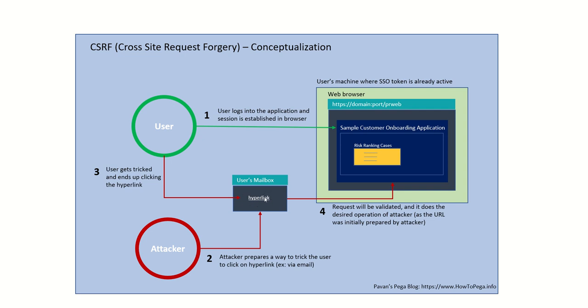But in the background, the provide feedback button will have logic which will execute and update all the risk ranking cases from risk ranking high to risk ranking low. That's it. But the user will never know that. All the user has seen is a hyperlink which says provide feedback. The user has clicked on it, and it took them to a screen saying the operation has successfully completed.